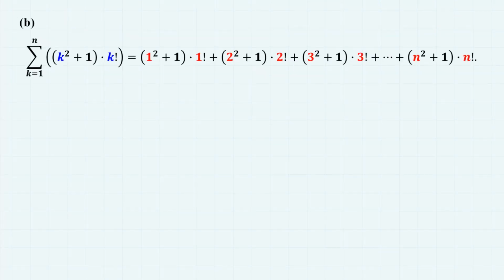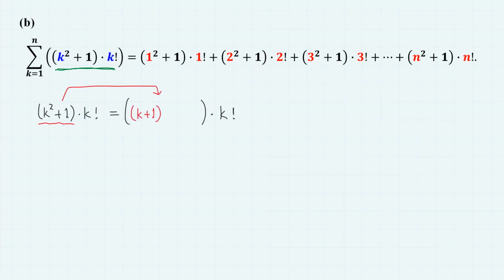And now the second one. Just like the previous one, let us examine this general term k squared plus 1 times k factorial and see if we can manipulate this into something else. Notice that this k squared plus 1 can be written as k plus 1 squared minus 2k.